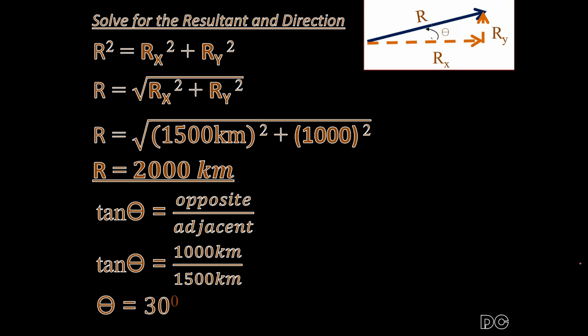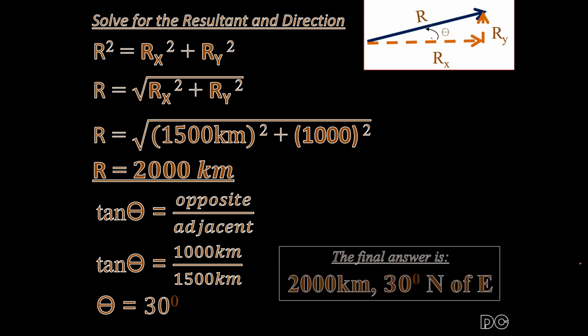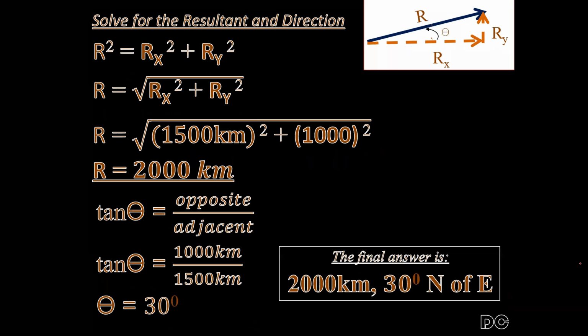As we can see on the illustration, since it is from the east, then it moves upward to the north, therefore the direction is north of east. And so the final answer is 2,000 kilometers, comma, 30 degrees north of east.